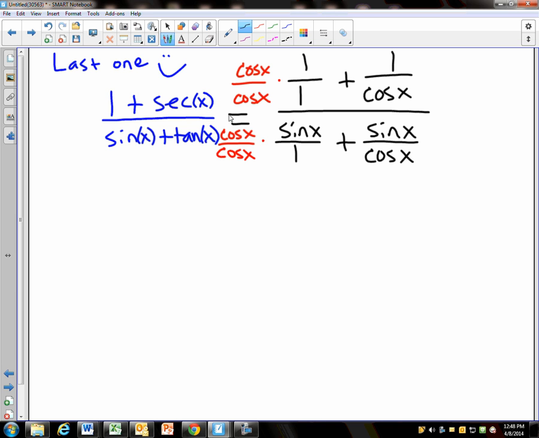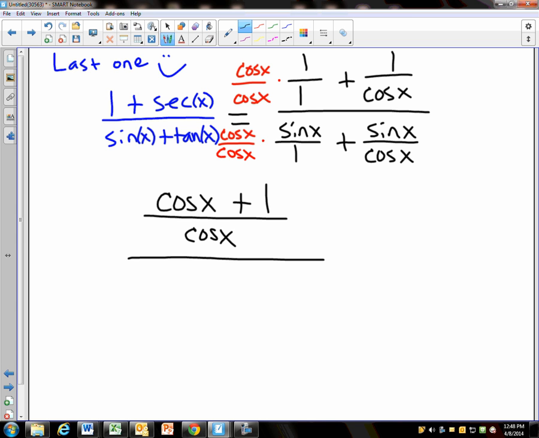Cosine of x times 1 is cosine of x. Then I have a plus 1. And what is the denominator? Cosine of x. Over, what's cosine of x times sine of x? It's just cosine of x, sine of x, plus sine of x over, what's the denominator?